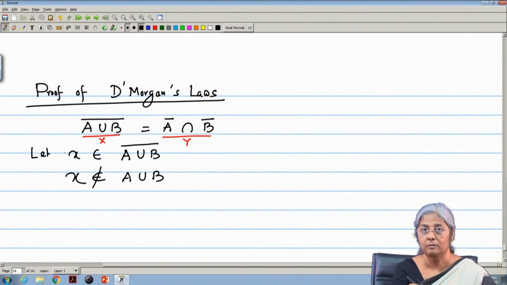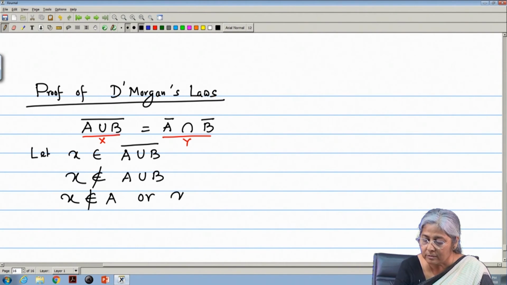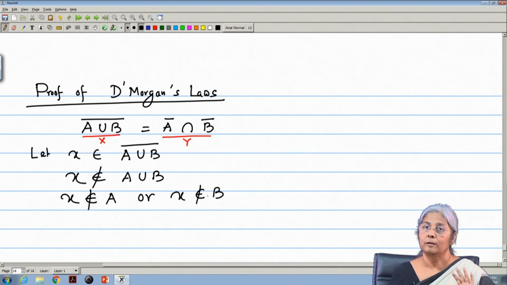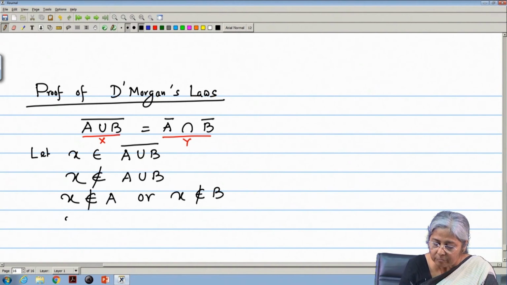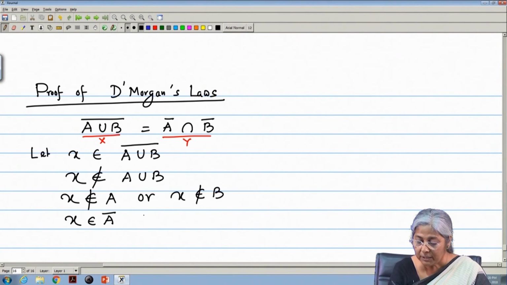So, this x must not be in that A union B. So, that means x does not belong to A or x does not belong to B, since it is union. That means x must not be in A or in B or anywhere in A or B. So, that means x belongs to A complement since we are in the universal set U. Similarly, I can take x belongs to B complement.